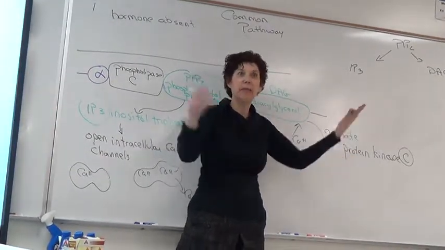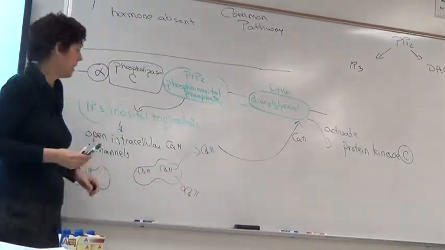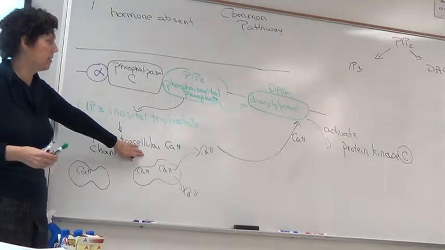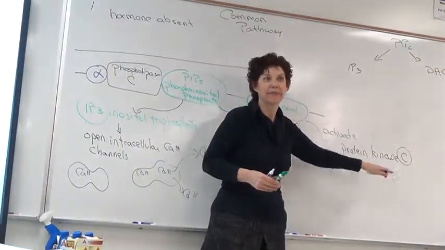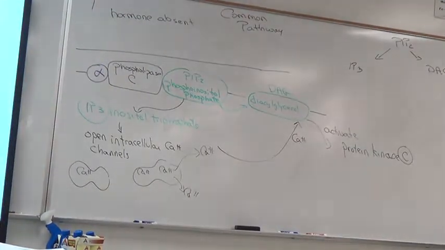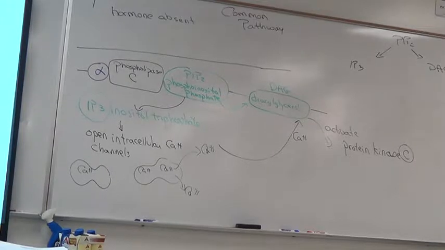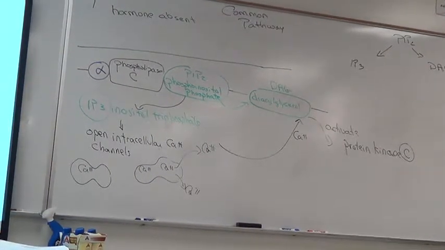So at the end result, we have the combination of those first two mechanisms. We have extra calcium ions in the cell, and we have protein kinases. Okay. Now those protein kinases may also open extracellular plasma membrane calcium channels, but this is the primary response.